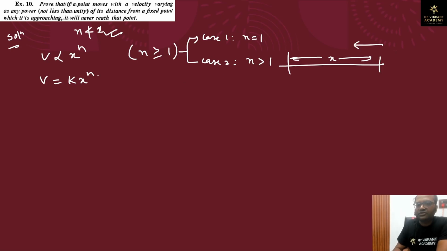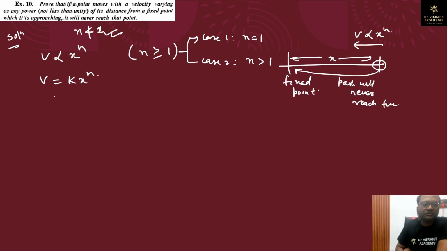This point is approaching the fixed point with a velocity v which is proportional to x to the power n. So we have to show that this particle will never reach this fixed point, मतलब इस fixed point पे पहुंचेगा ही नहीं कभी. That we have to show. The particle will never reach the fixed point.